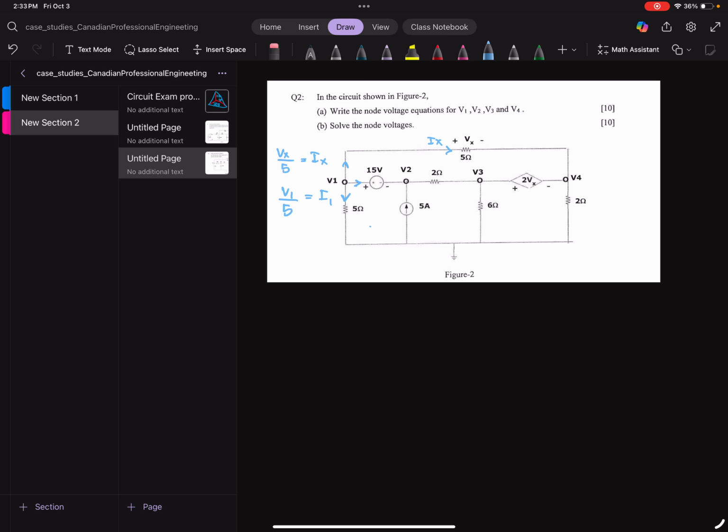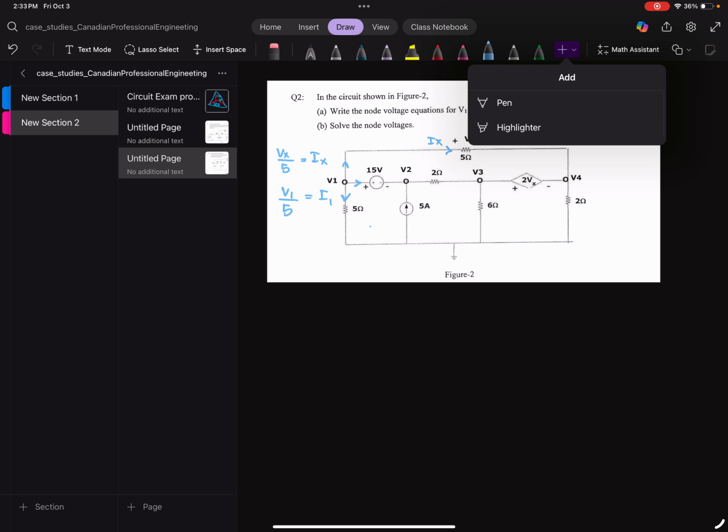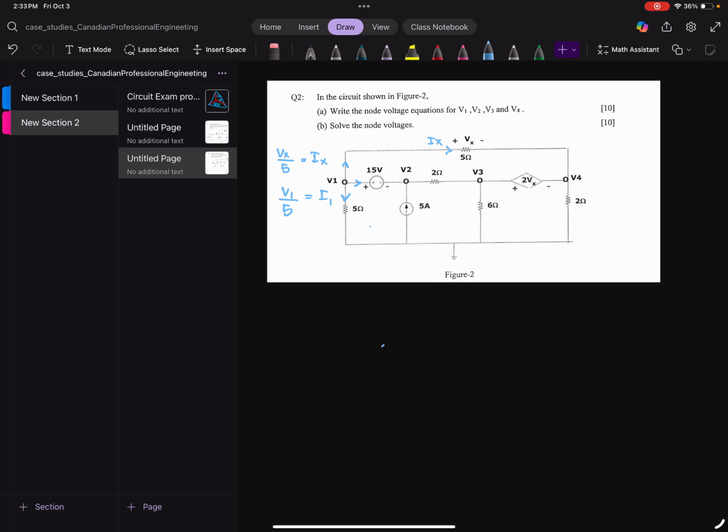Okay, so here we have a couple of equations already, so let's write those. At node 1, I'm going to call this node 1 right here, what do we have?